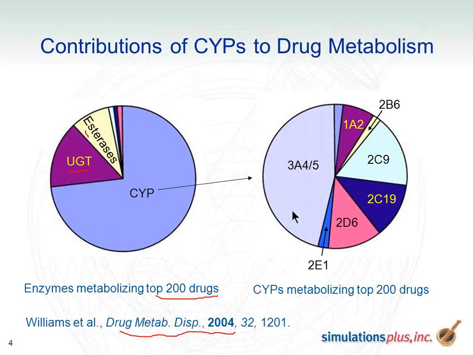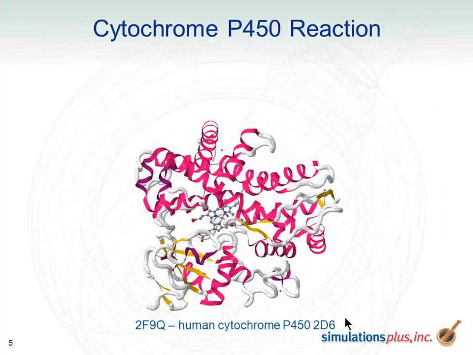For the cytochrome P450, the 5 major CYPs are 1A2, 2C9, 2C19, 2D6, and then 3A4 and 3A5, with lower contributions from 2E1 and 2B6. And we have certain models that will encompass all of these isoforms of cytochrome P450.